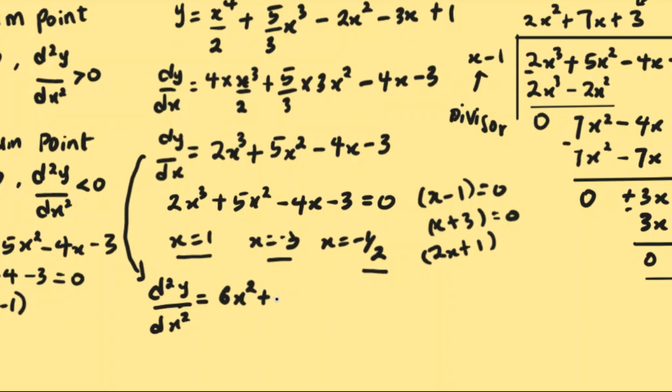If you differentiate 5x squared, you get 10x. If you differentiate minus 4x, you get minus 4. So our second derivative will be 6x squared plus 10x minus 4.